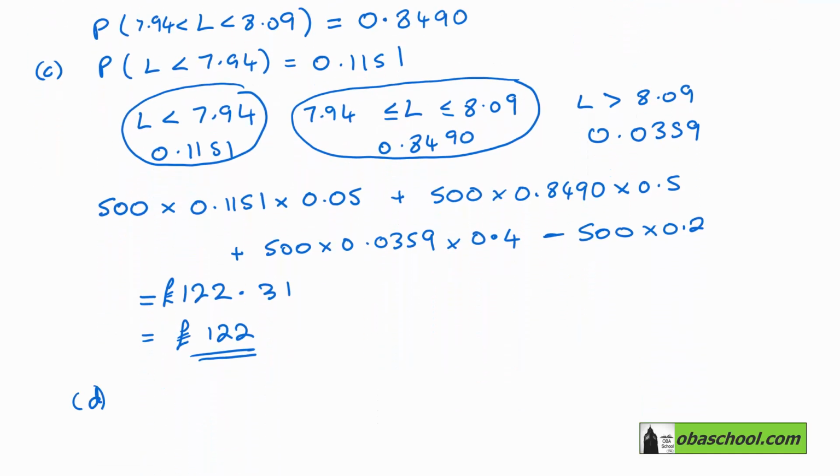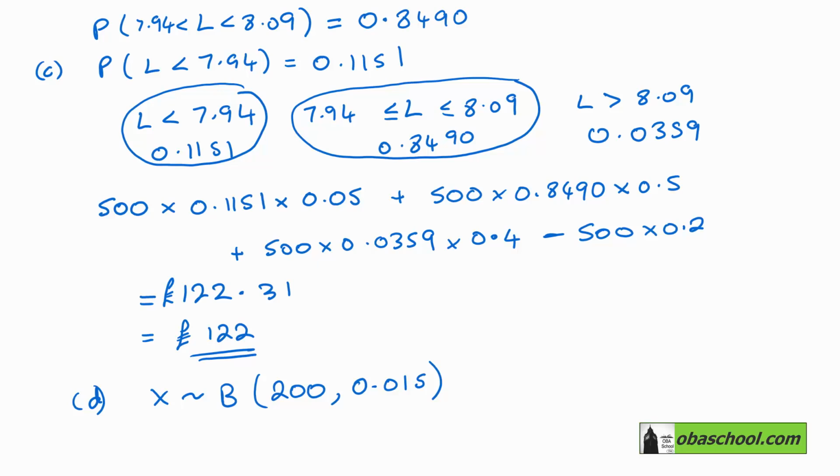So, what's the distribution this time? Well, it's a binomial with a fixed number of 200, that's the number being selected for testing, and the probability of success, in this case that's being faulty, is 0.015.